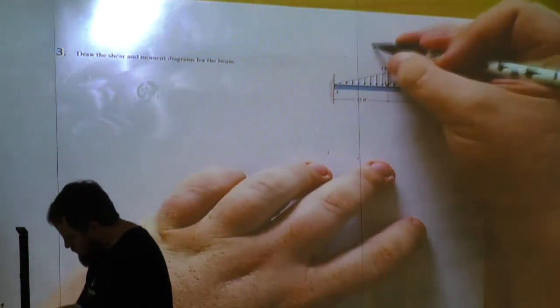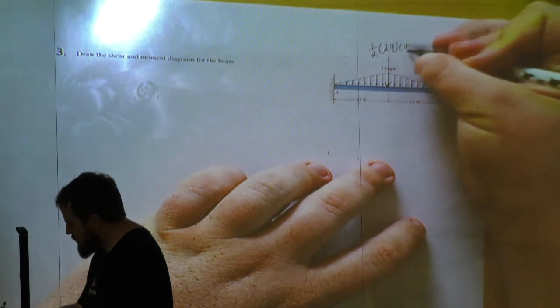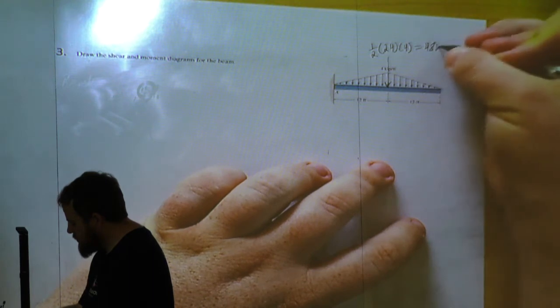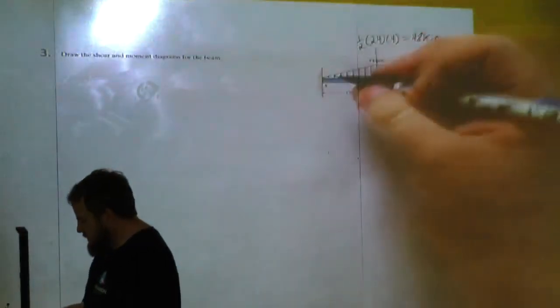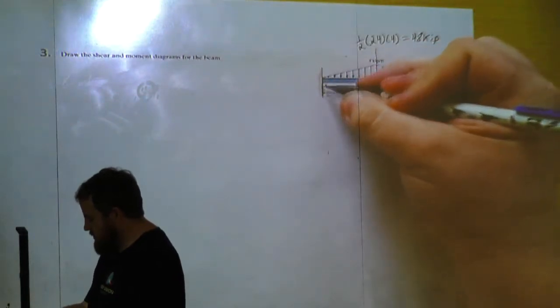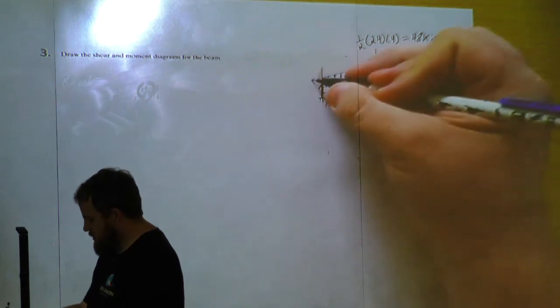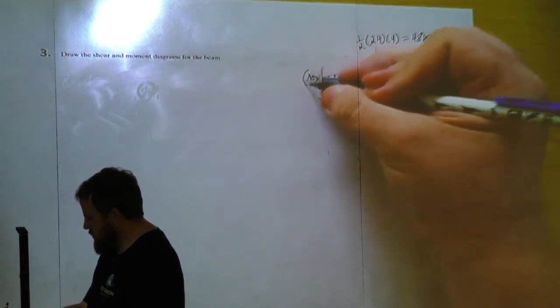So 1/2, 24 times 4. So we're going to have 48 kips acting at that point. Okay, and since this is a fixed beam, we're going to have an AY, an AX, and a moment at A.